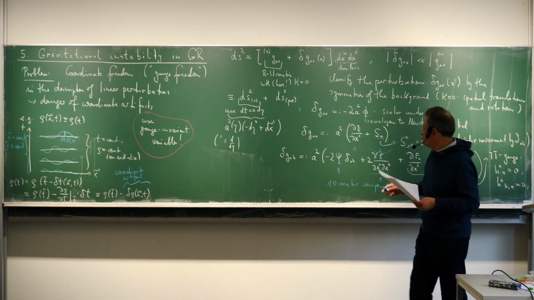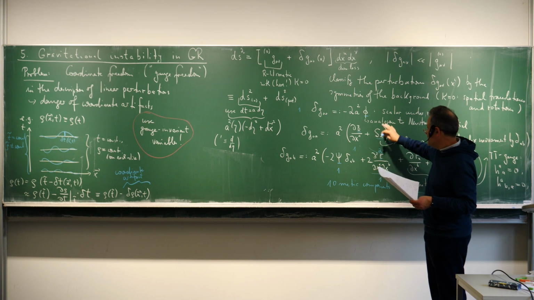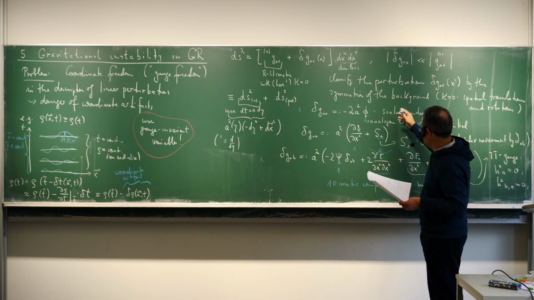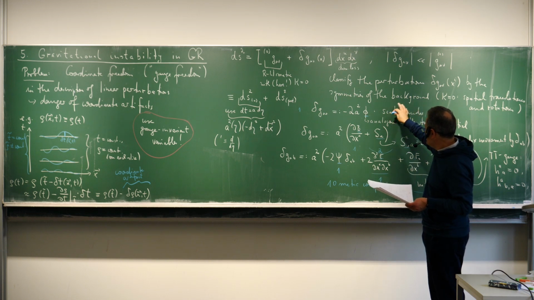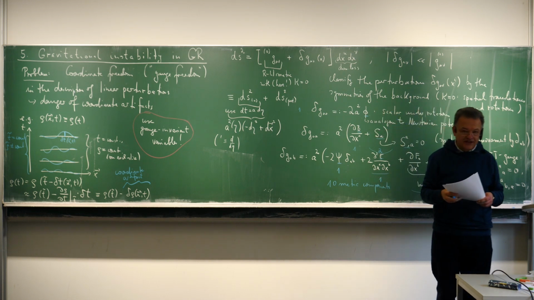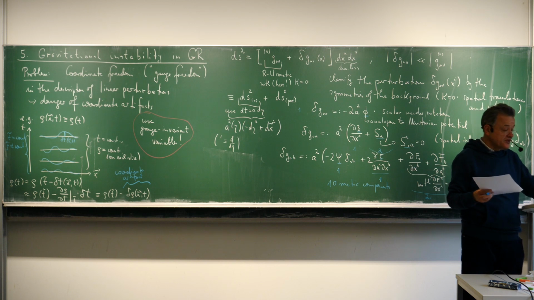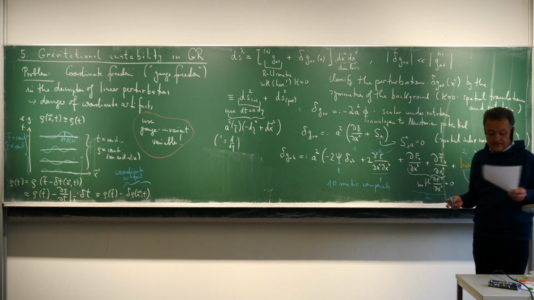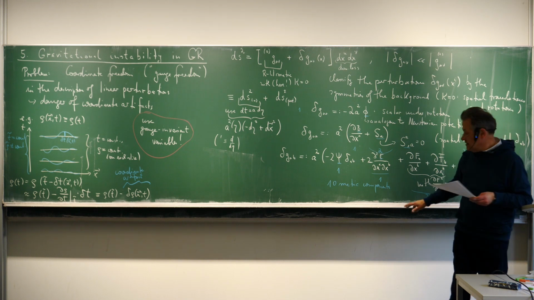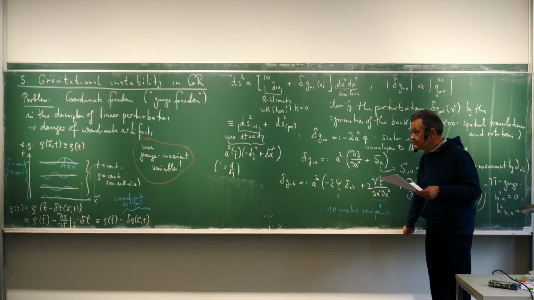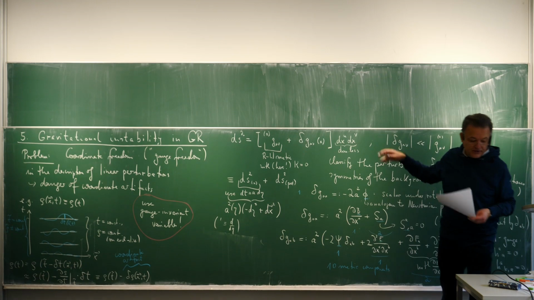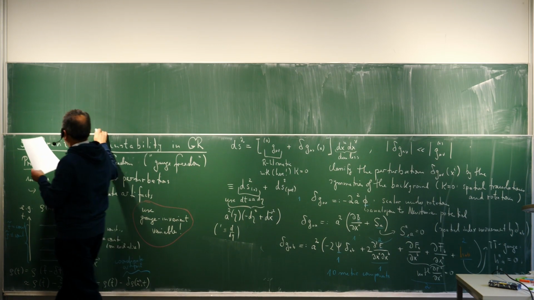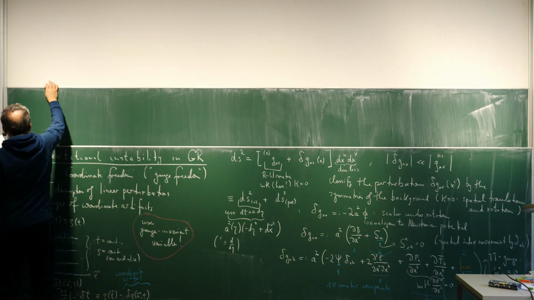Which is at this point just a rewriting, but a rewriting with a certain aim in mind, using the symmetries of the background, and also these various parts have different physical interpretations. Let me collect these various parts. We have so-called scalar perturbations, so-called vector perturbations, and so-called tensor perturbations.